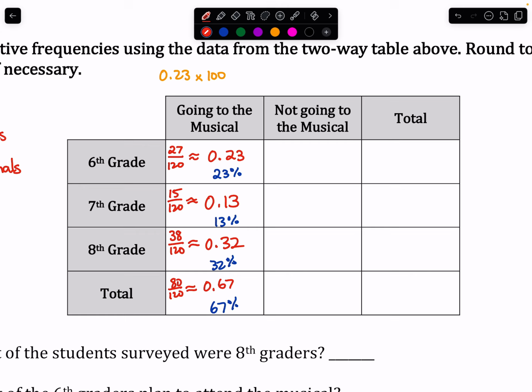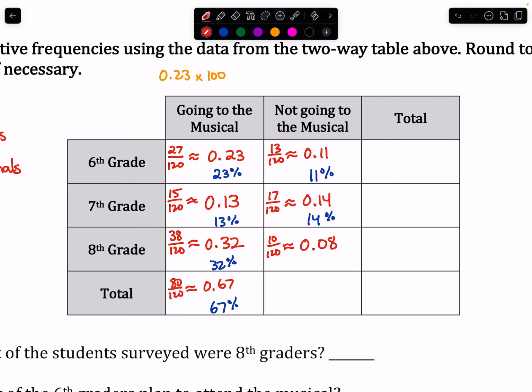Not going to the musical, starting up at the top at 6th grade, we had 13 out of 120, which is 0.11 or 11%. 7th graders not going was 17 out of 120, which is 0.14 or 14%. 8th graders not going was 10 out of 120, or 0.08.